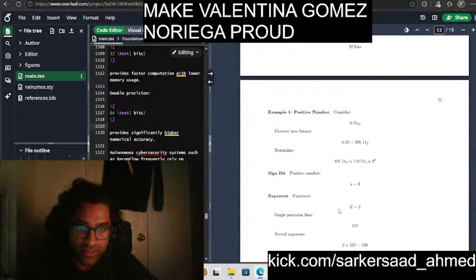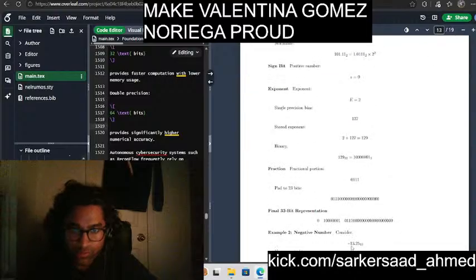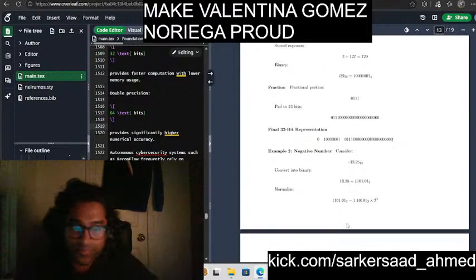The positive number is 0, and the exponent here is 2 because 2 to the power 2. And the single precision bias is 127. And so the stored exponent will be 129. The binary will be that. The fractional portion is 0111, and pad to 23 bits. So you're going to have 0111, all of them zeros. And the final 32-bit representation will be 0 because that's the sign bit, then the binary value for 129, and the 0111, all of them zeros.